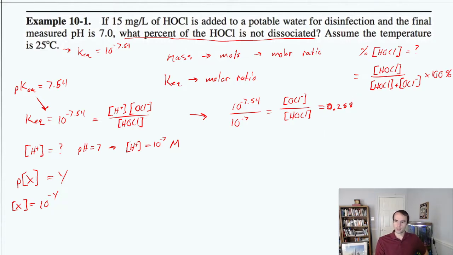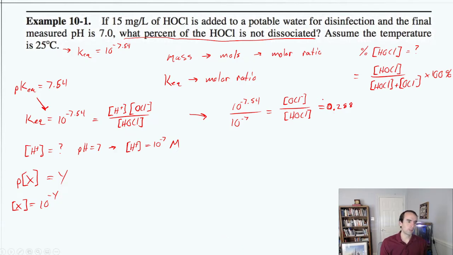Now we need to manipulate it so that we can solve for the ratio up here that we're looking for. One way to do it is to take this relationship and manipulate it into a form where we can use this.